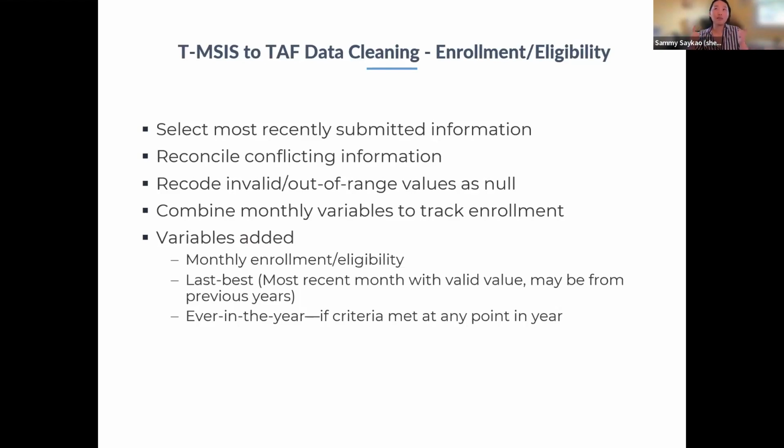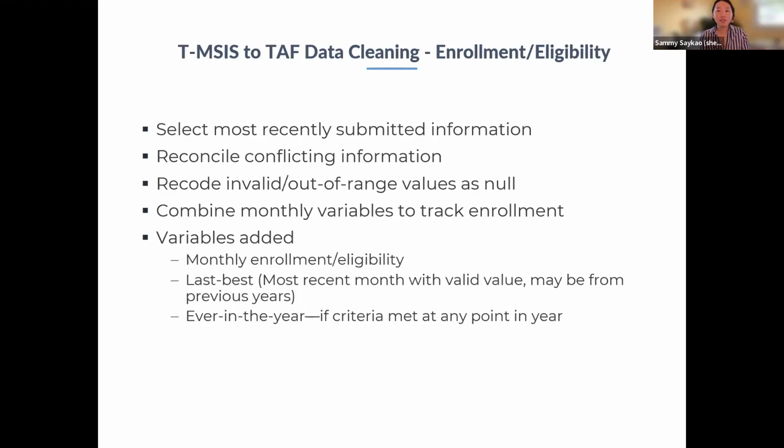So keep in mind, when these things happen, this is when I look at TAF documentation, if available, rather than TMSIS documentation. So TAF enrollment data cleaning includes retaining the most recent information, reconciling conflicting information, recoding invalid values, combining monthly values, and then I've included some variables that they've added here.